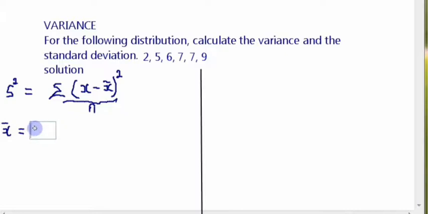We add 2 plus 5 plus 6 plus 7 plus 7 plus 9.